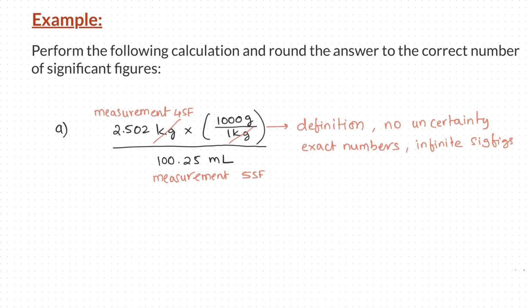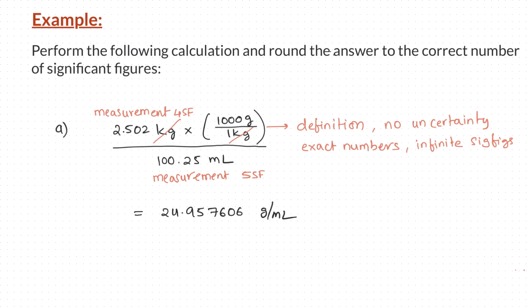Let us plug all these values into a calculator. We get 24.957606 grams per milliliter. Since we are doing multiplication or division, the answer should have same number of significant figures as the measurement with fewest significant figures.